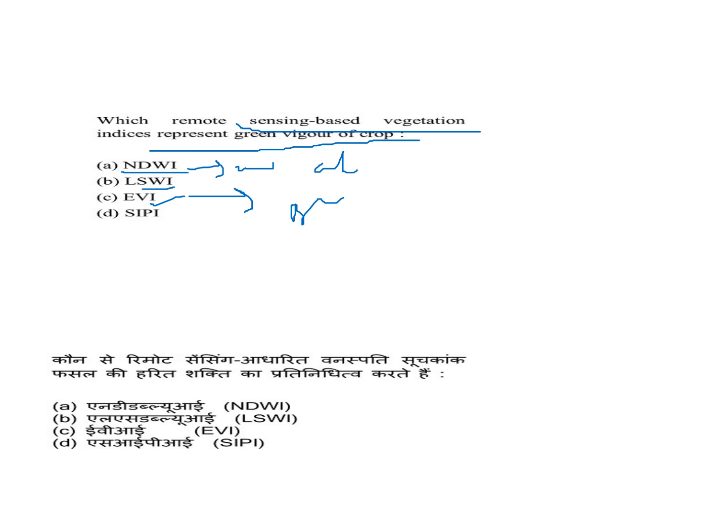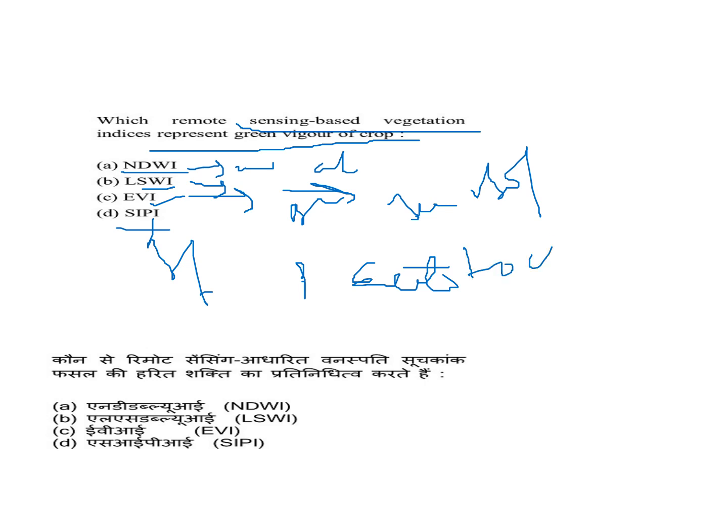LSWI is the Land Surface Water Index, used to measure moisture content of land surface and soil vegetation systems. And SIPI is the Structure Insensitive Pigment Index, used to estimate the ratio of carotenoids to chlorophyll in areas with high canopy stress rather than overall green vigor.